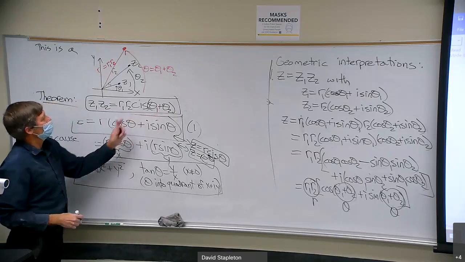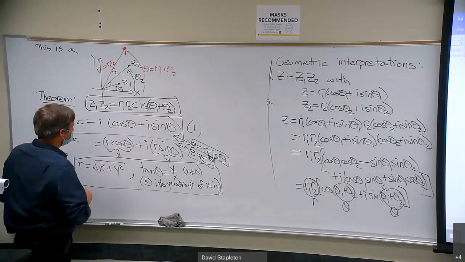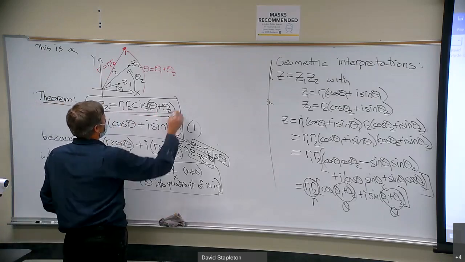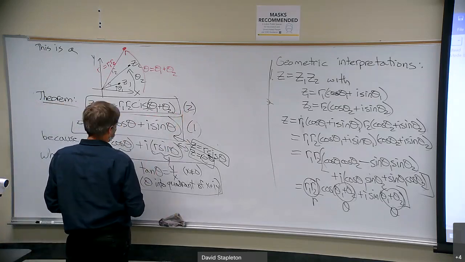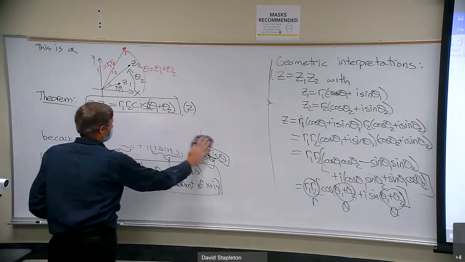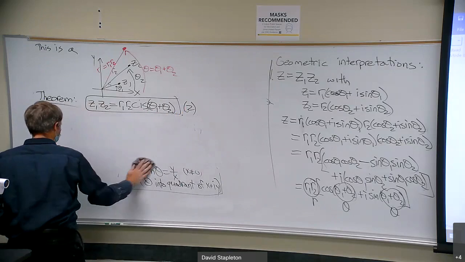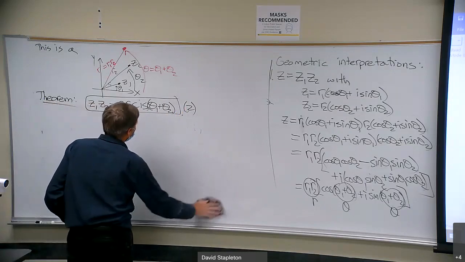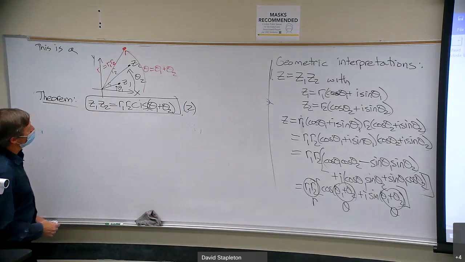So the angles add and the distances multiply. We can call that formula 2, actually. So polar representation makes kind of a neat, simple way of thinking about multiplication.